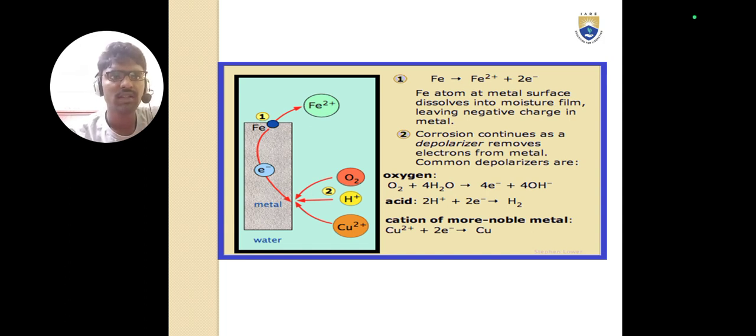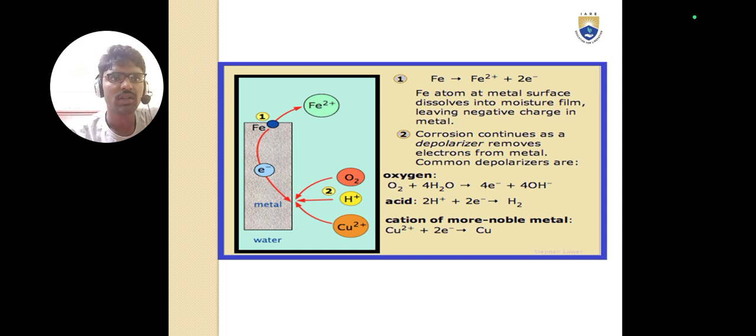The reaction is iron metal, which is oxidized into Fe2+ plus 2e-, that is, 2 electrons. Ferrum atoms at the metal surface dissolve into the moisture film, leaving a negative charge in the metal.